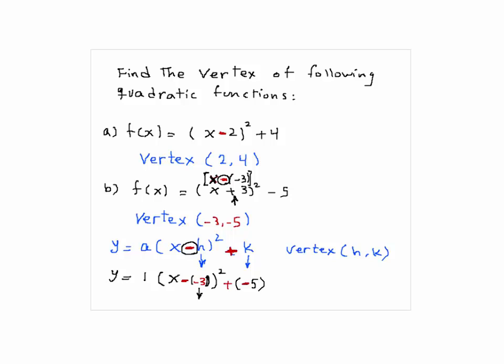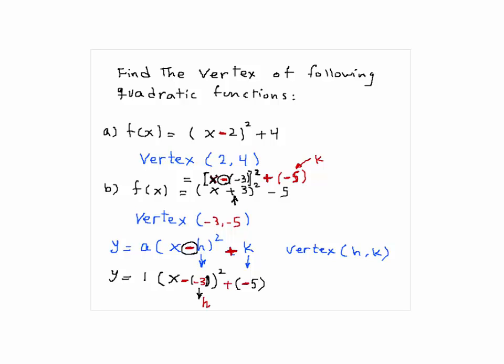Do you see that? And then this number here is, if I want to write this as a general formula of the parabola, this would be plus, and then that would be -5. So definitely my k is negative. This is my k, and my h is -3.